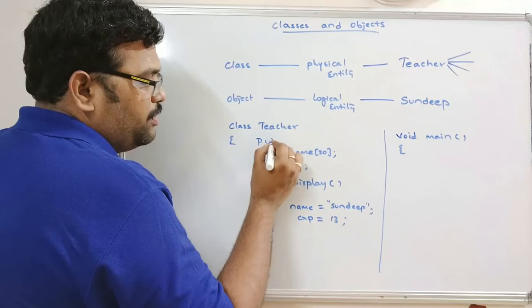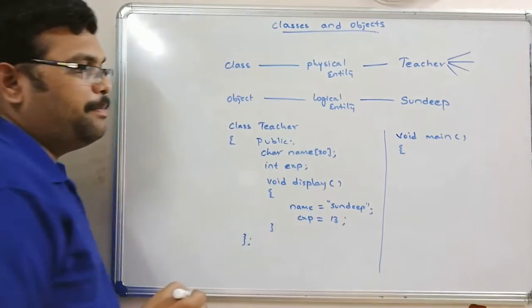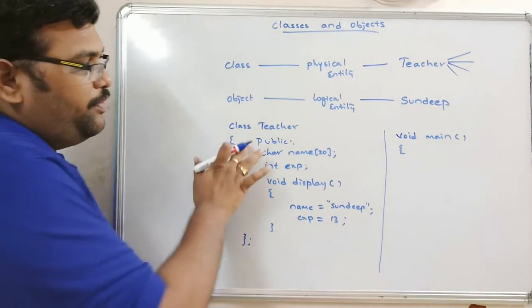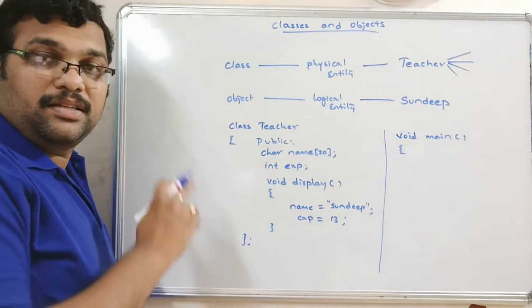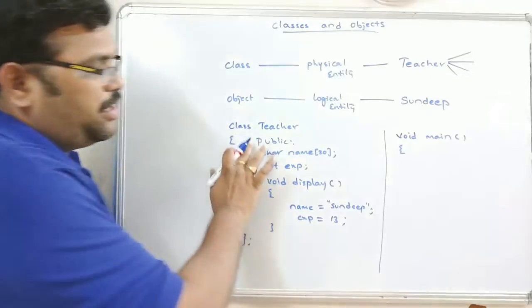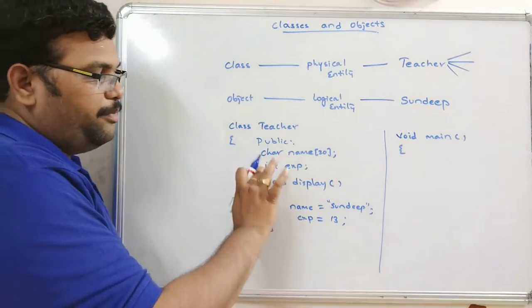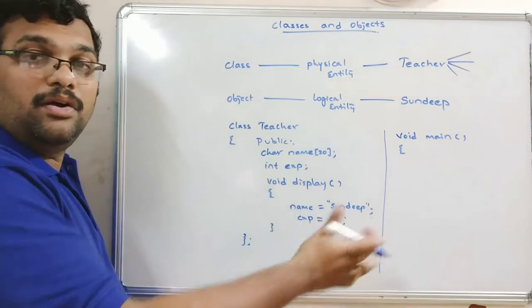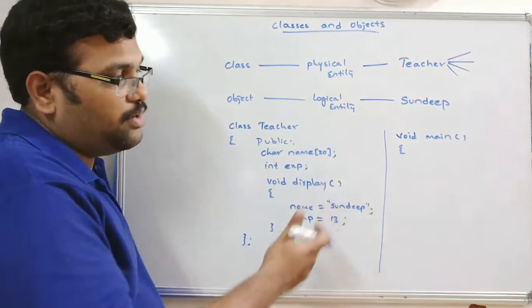Here we have to give the scope of these variables as public. In the next session, I will explain these access specifiers: public, private, and protected. We will just write public so that all the variables and functions are accessible inside the class and outside the class.